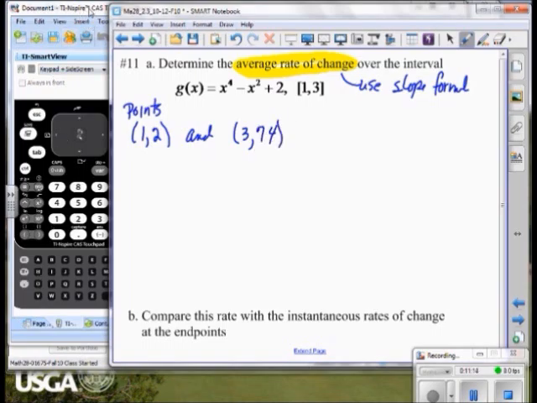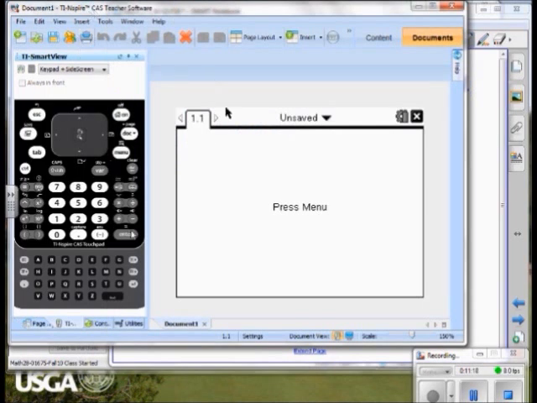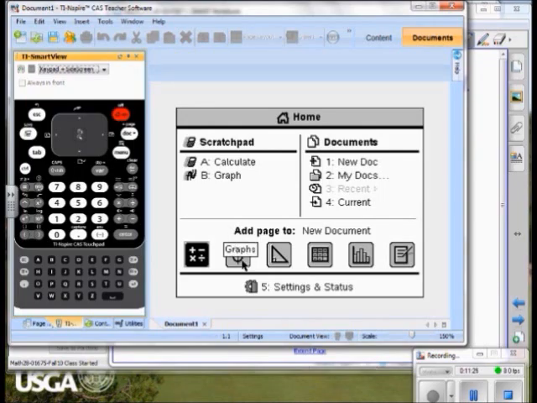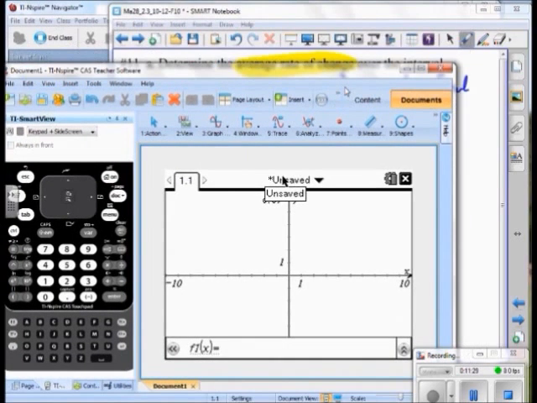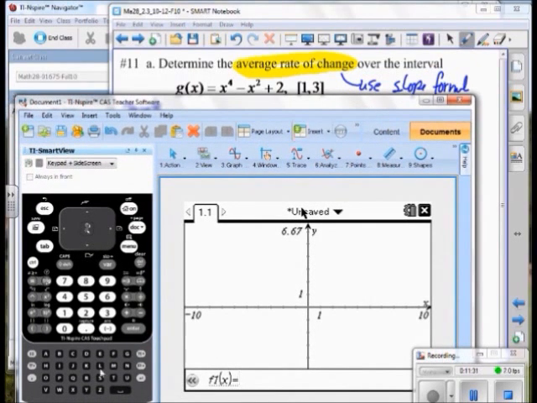Let's go right now to the Inspire and get a good picture. I could hand draw it, but let's get a good picture. Get a new document, and let's pick up a graph page. And let's see our function. We'll put that in.